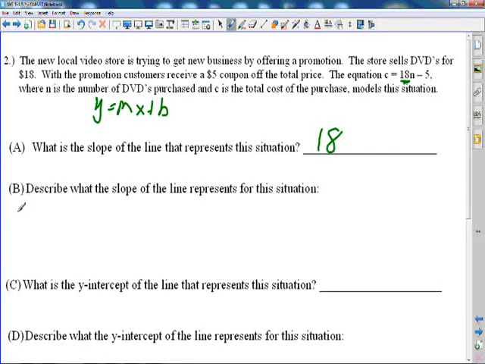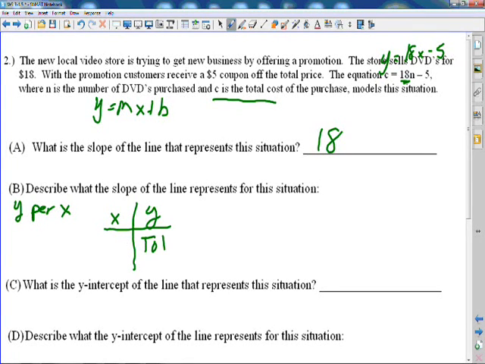What does it represent? I want y per x. Now if I made a chart here with x and y, remember this is y equals 18x minus 5. First off, the y and the c are the same. C is the total cost, so my y is total cost. Well, what is it that they're buying?